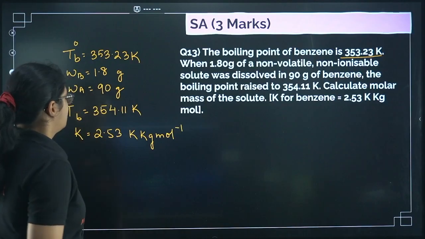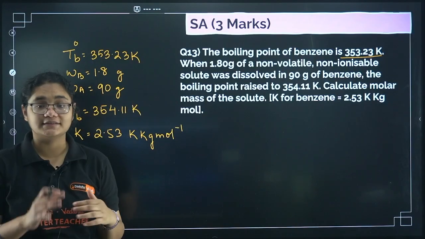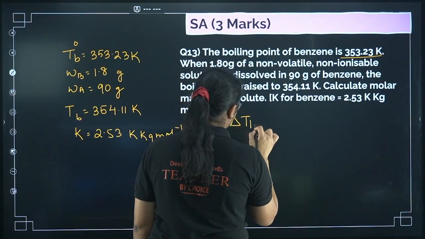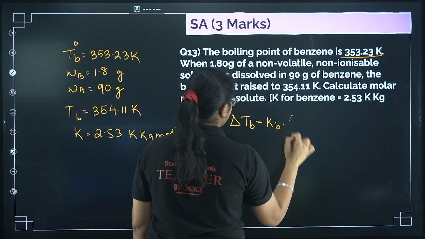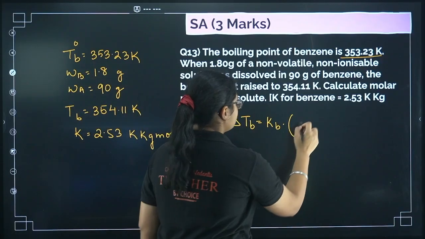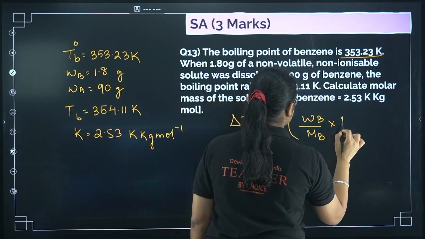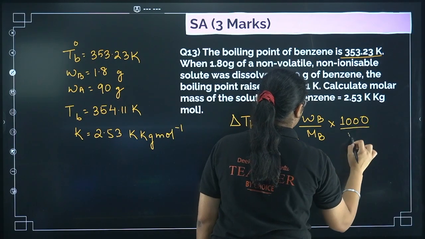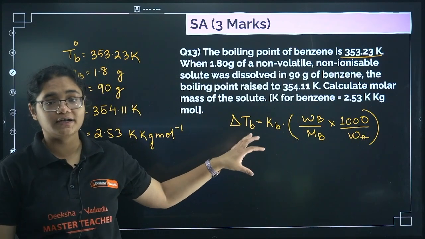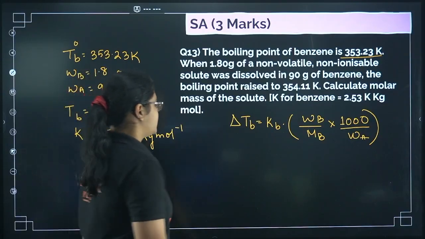Now we have to calculate the molar mass, very similar to the previous question, just a slight change in formula. We have ΔTb is equal to Kb into molality. The formula for molality is given mass of the solute, that is WB, by molar mass of the solute into 1000, by the mass of the solvent. All the formulas I have written, all the values I have given. Now what you have to do is substitute it. So let's substitute.